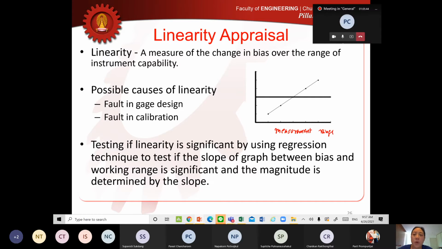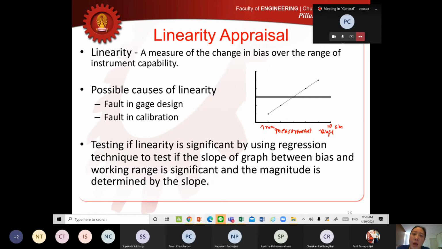For example, your vernier can measure a part which is very small, from, for example, one millimeter to a big part, for example, 10 centimeters.